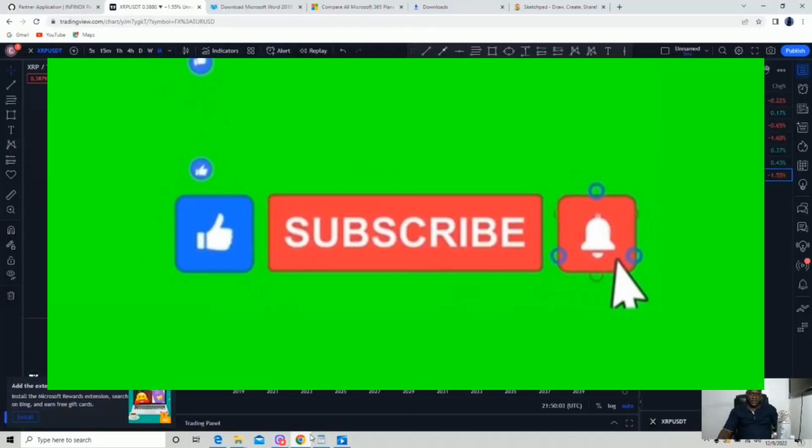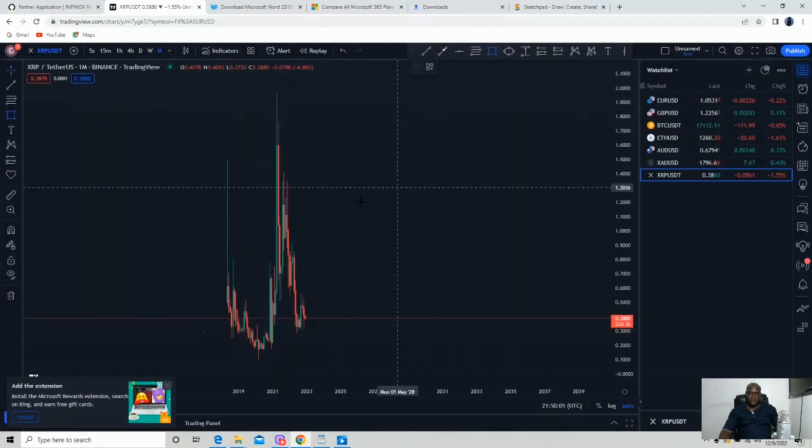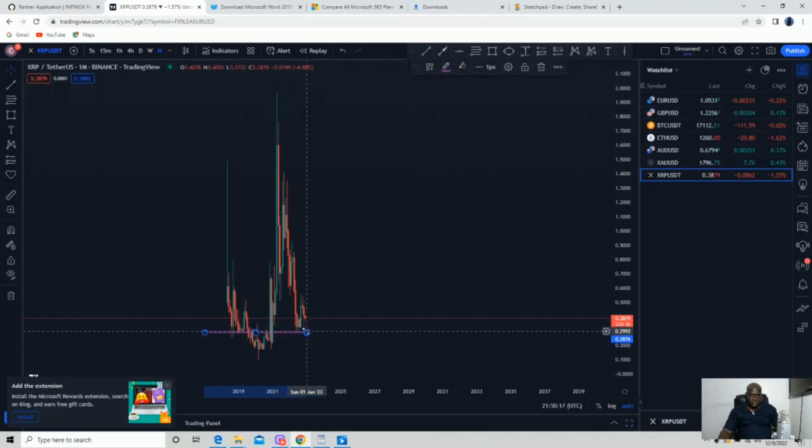So we are back. Let's do our structure. The first structure should be on this line. I can spot it on the monthly time frame. Let's put it where the market is right now, on this support level.